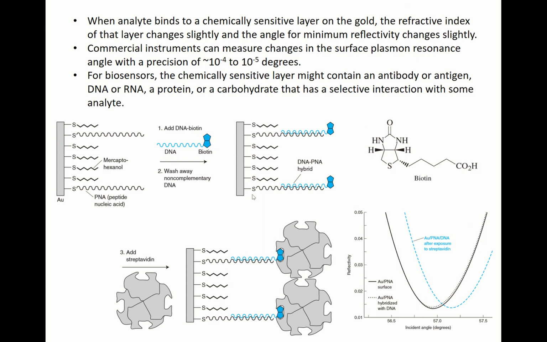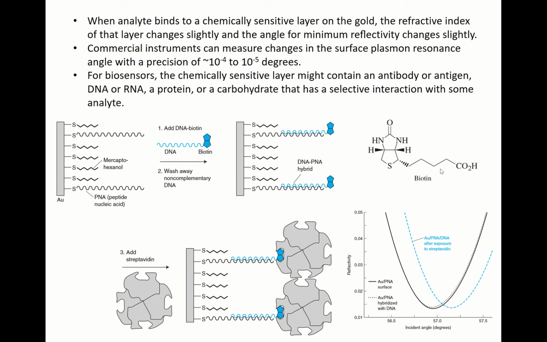So here is an application of the surface plasmon resonance. Usually gold is used for surface plasmon resonance experiments. You coat the gold with these molecules, and then you add DNA biotin. DNA biotin is this kind of species. Here is the structure.